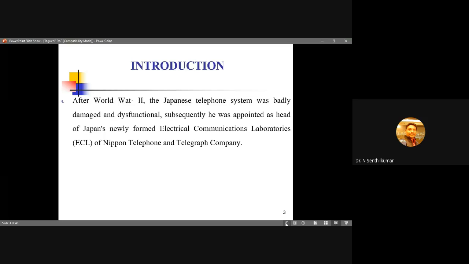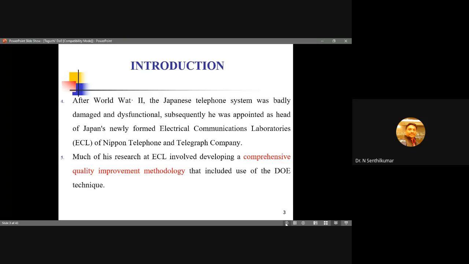Since Taguchi was implementing this DOE in the electrical, telephonic field, he coined the term signal to noise ratio. He wanted to improve the electrical or telephonic communication during World War II, so he introduced this concept, right? Normally Taguchi would say that quality should be inbuilt.